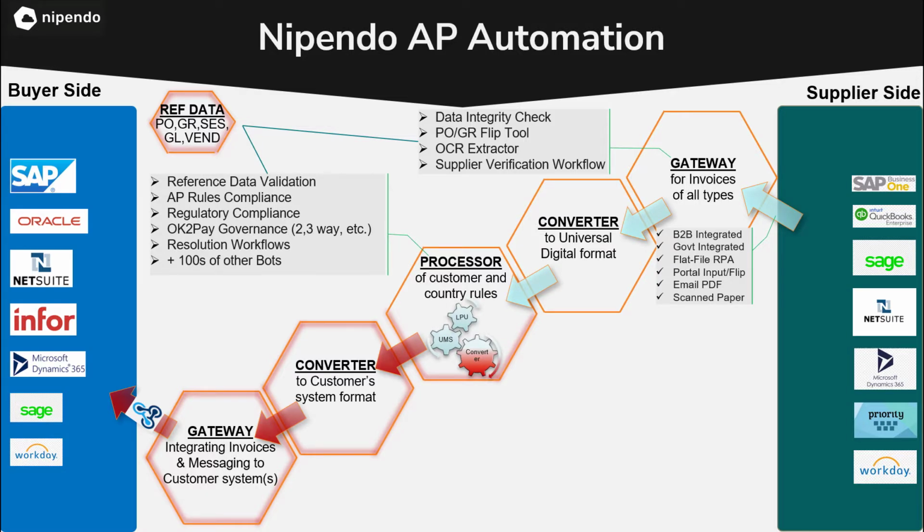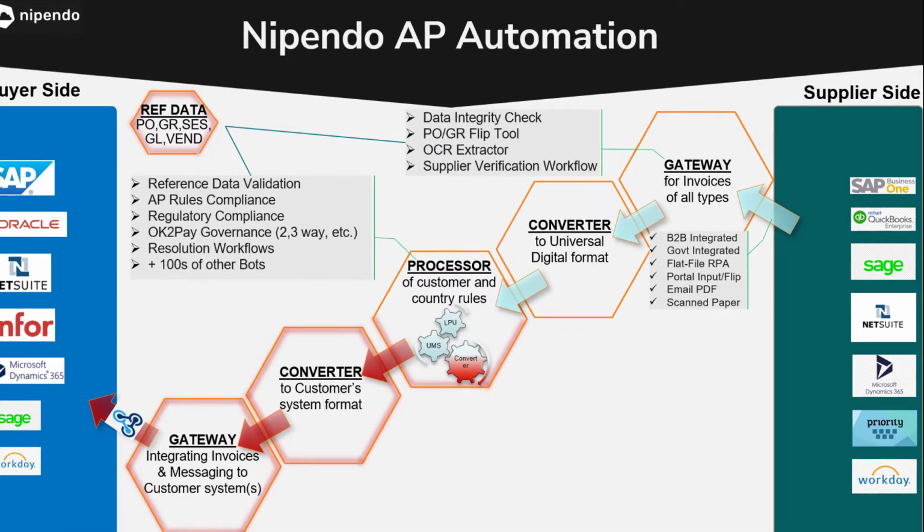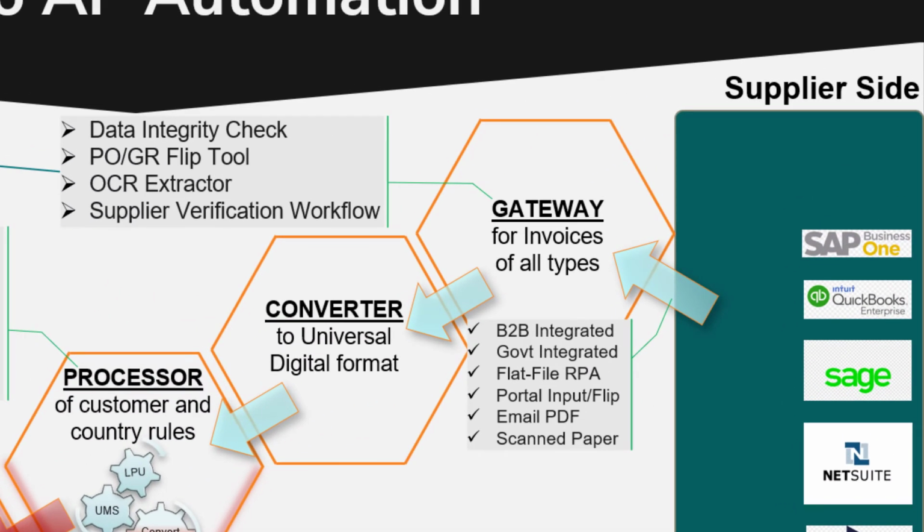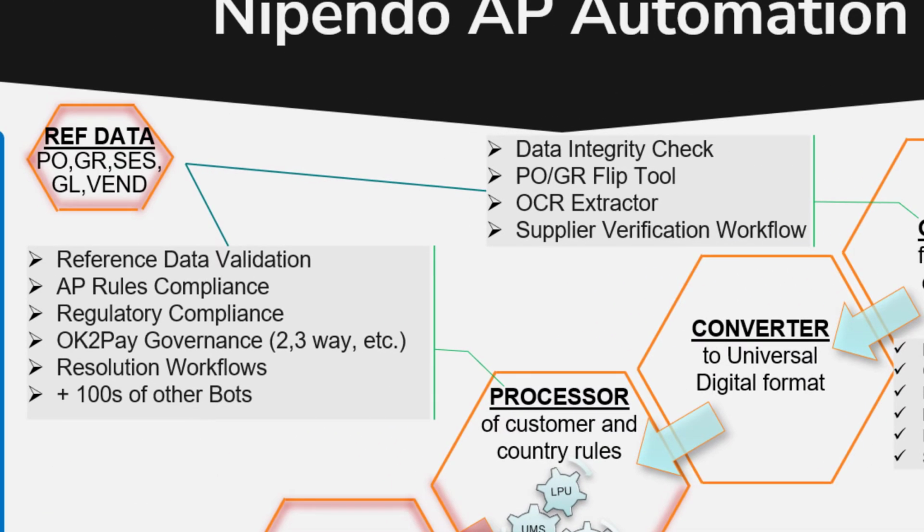So let's take a little time out to remind ourselves where we are in the whole process. We're at the very start here in the gateway, with different kinds of ways that the invoice gets into the system. This time we did a PO flip, but we did use some OCR tools in the process, and we even saw the PO and GR over on the SAP side.